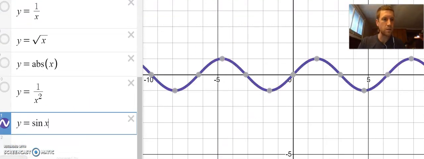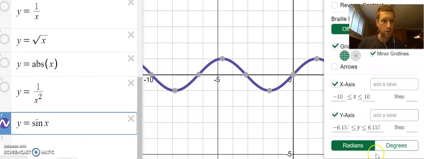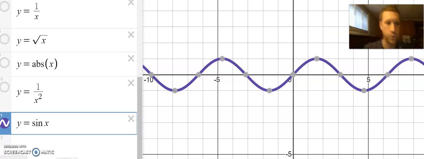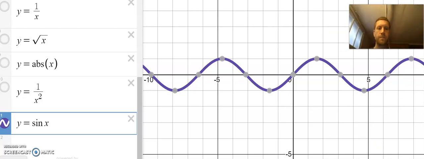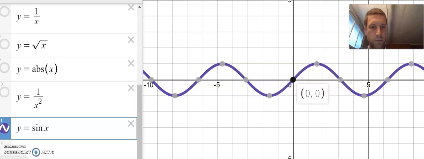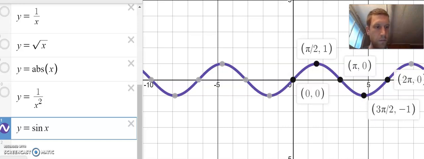Sine of x, and radian mode. Okay, we like to be in radian mode when we talk with trig functions.